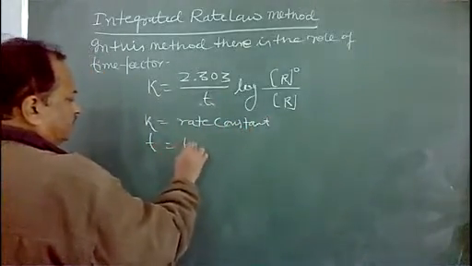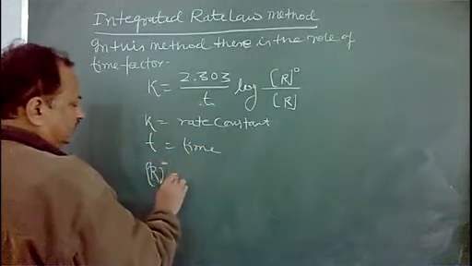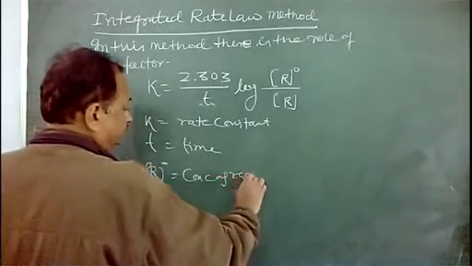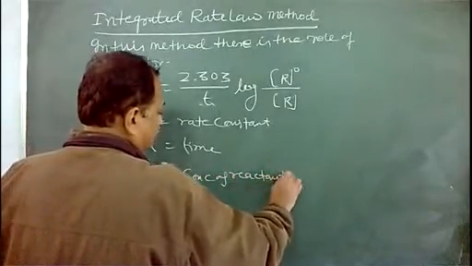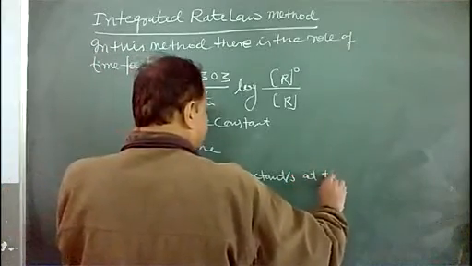This t is the time. R naught is the concentration of the reactant or reactants at t equal to 0.